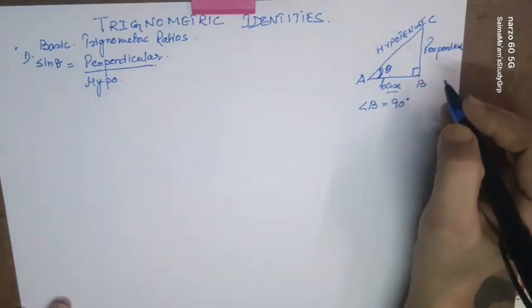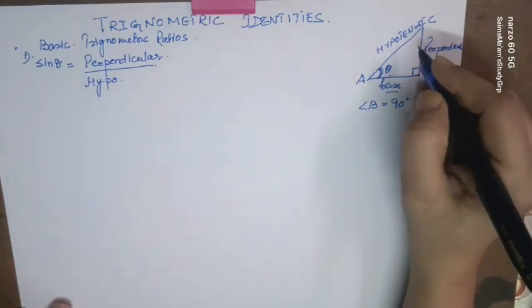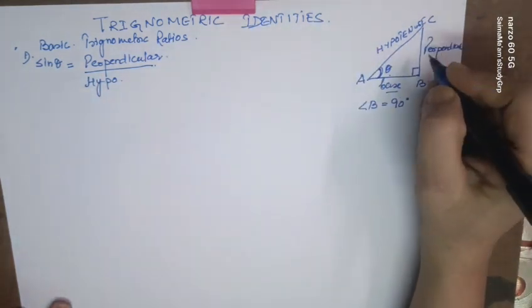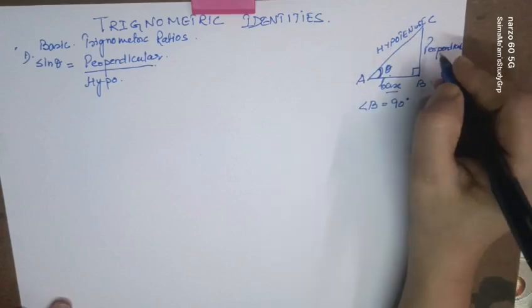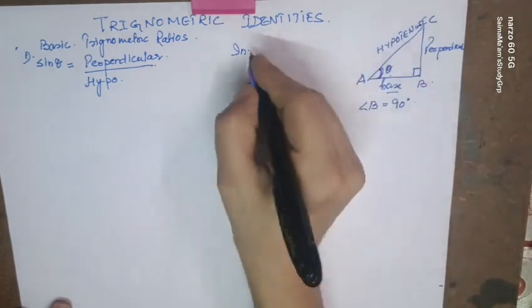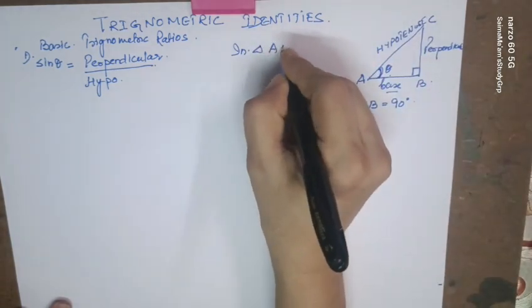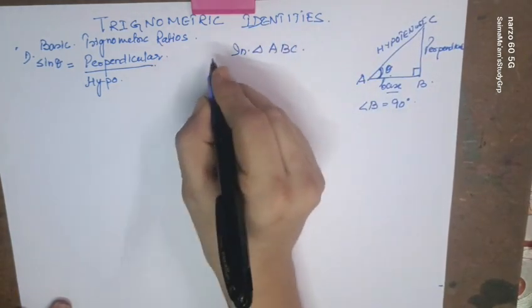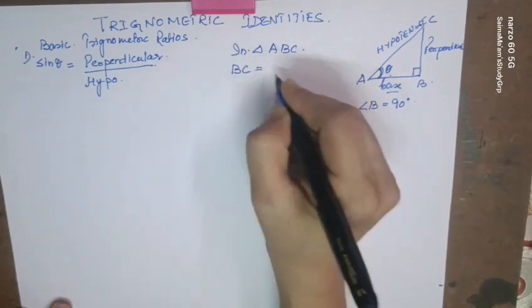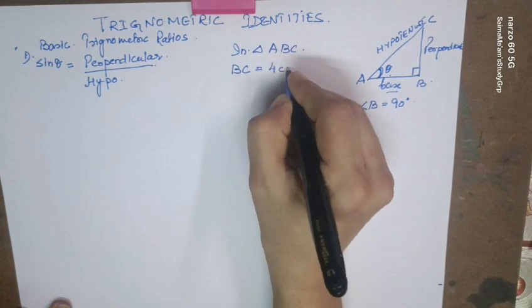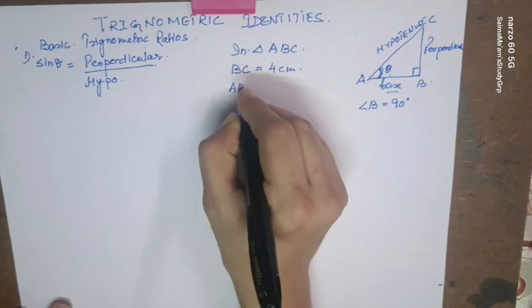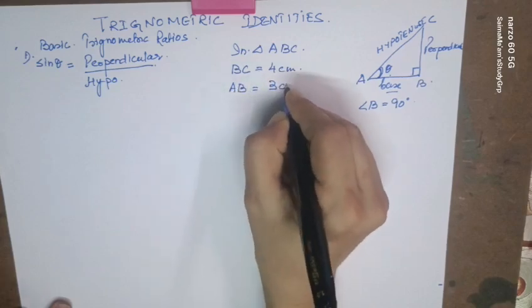Now let us work out this particular ratio with one example. Suppose in triangle ABC, I consider side BC, that is the perpendicular, to be 4 centimeter, and your base to be 3 centimeter.